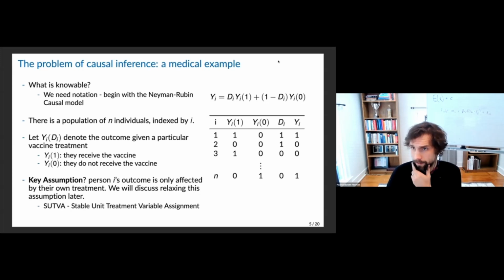Conceptually, what that gets us is the idea that Yi, which is Brett's outcome, is this function at the top: Yi = Di*Yi1 + (1 - Di)*Yi0. So you can see that the true outcome is a function of Di. If Di is on, then we see Yi1. If Di is off, then we see Yi0.